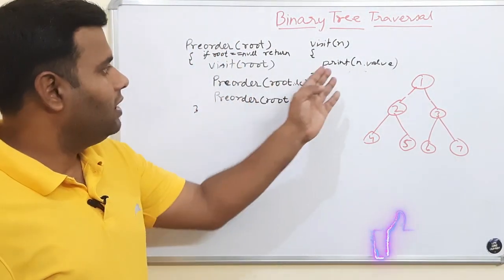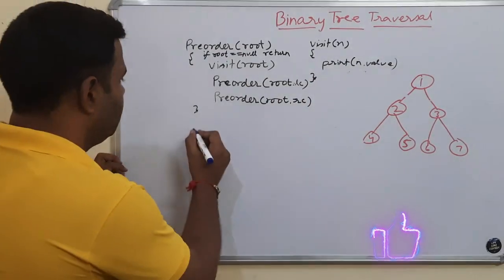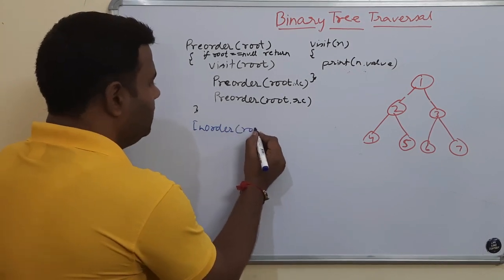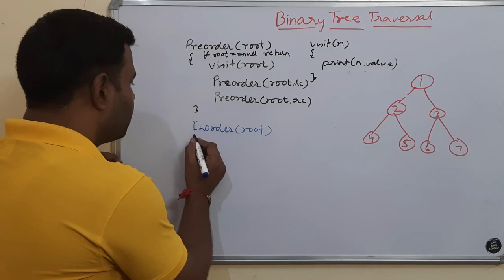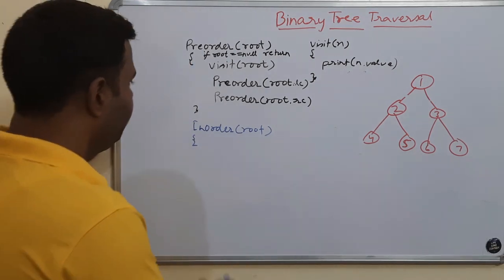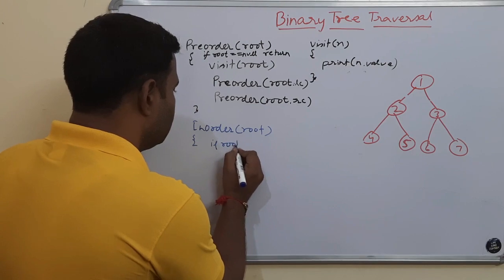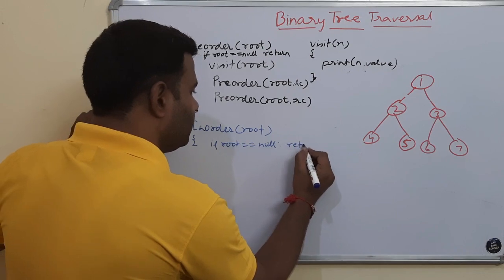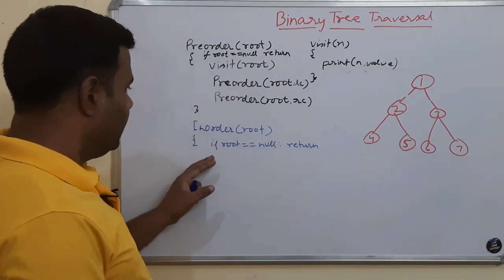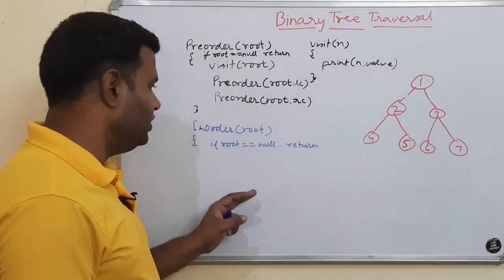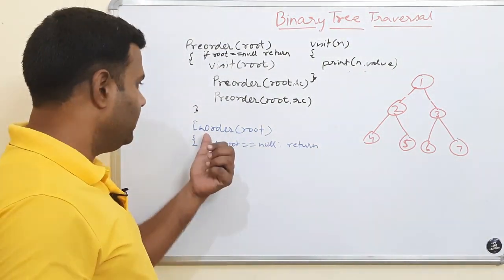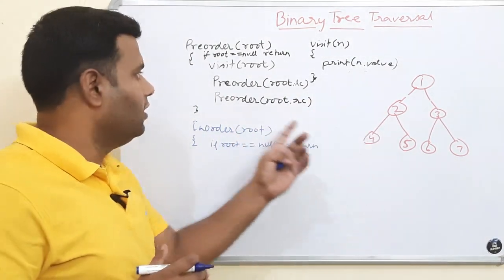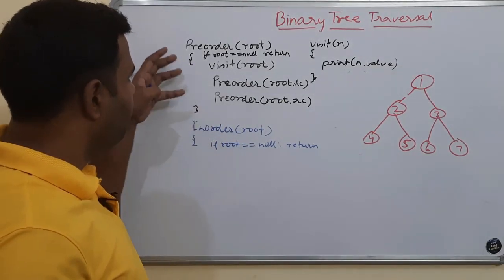Let's talk about inorder traversal. In the inorder traversal, we will first write the base condition. If root is null, then we can just return. If this is not the condition, then what? In the inorder, we have to visit first the left child, then root, and then the right child. So can you guess the steps that we have to write based on this?